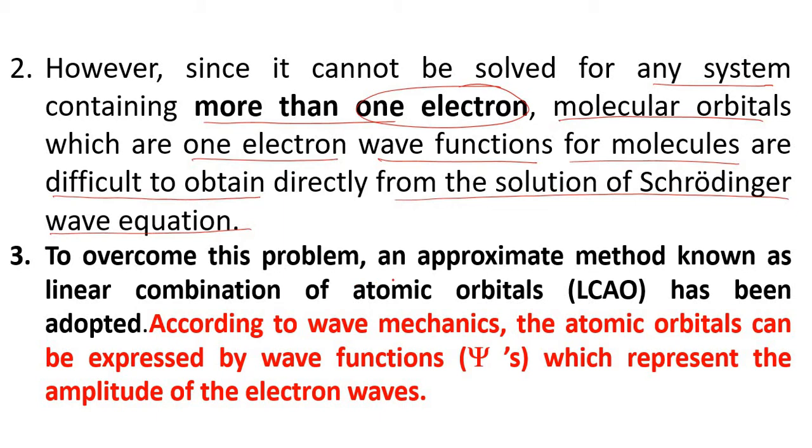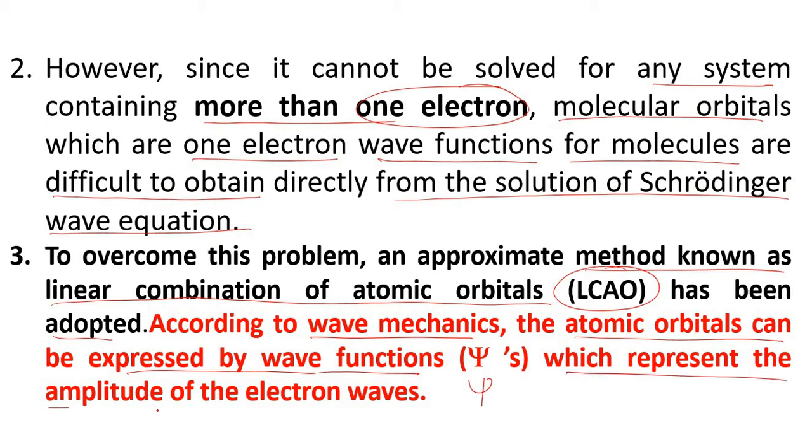To overcome this problem, an approximate method known as linear combination of atomic orbitals, abbreviated as LCAO, has been adopted. According to wave mechanics, the atomic orbitals can be expressed as wave functions simply represented as psi, which represent the amplitude of the electron waves.